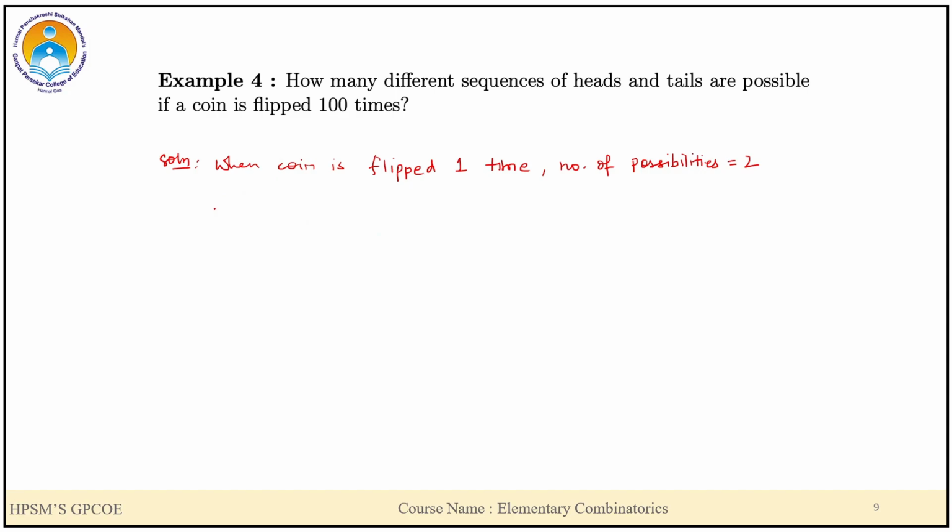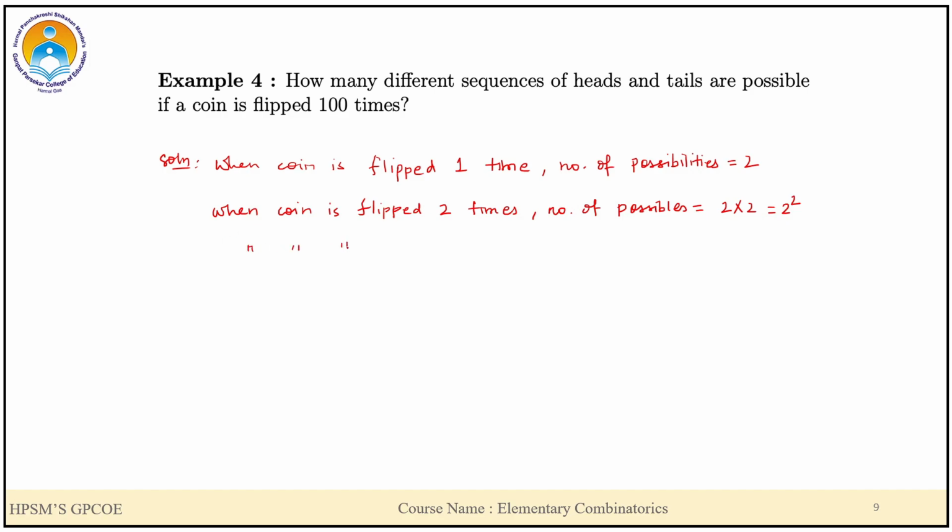Now when coin is flipped 2 times, what are the number of possibilities here? The number of possibilities will be equal to 2, because when we flip one coin, that will give 2 outcomes. Again we will flip the second time, it will give again 2 outcomes, so that becomes 4, which can be written as 2 square.